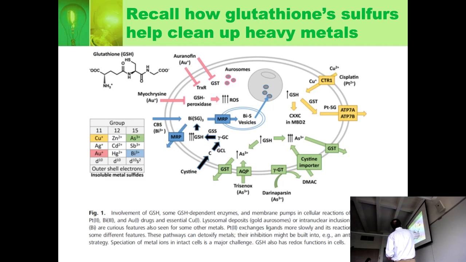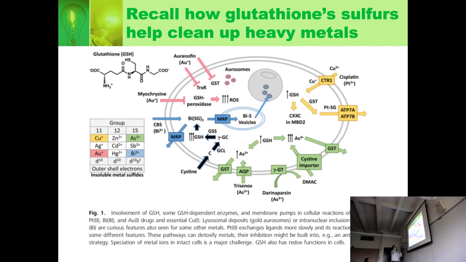And you can see that the blue is the bismuth transport. You can put it into vesicles. You can export it from the cell. You need to keep it out of the cytoplasm in too high of a concentration. But you also have GSH, GSSG. That's your glutathione, because the sulfur is so important. The sulfur is good for binding the bismuth, and then you've got it grabbed on with the glutathione.